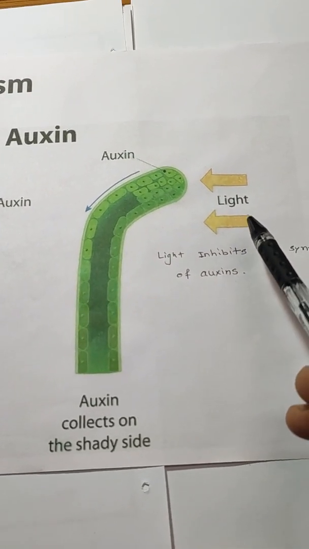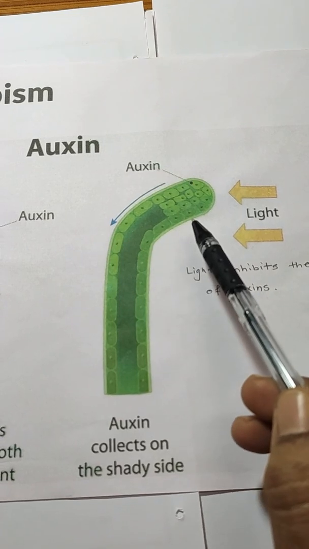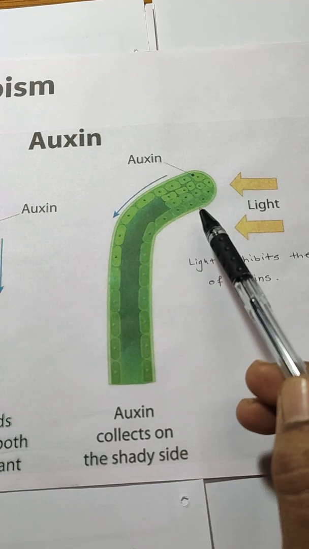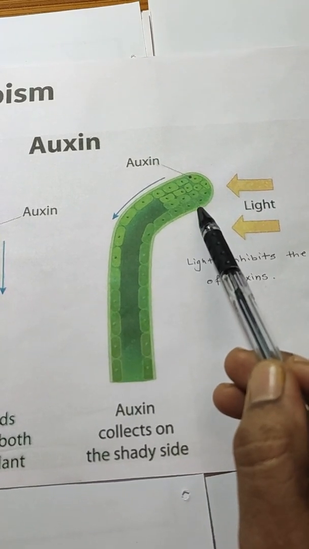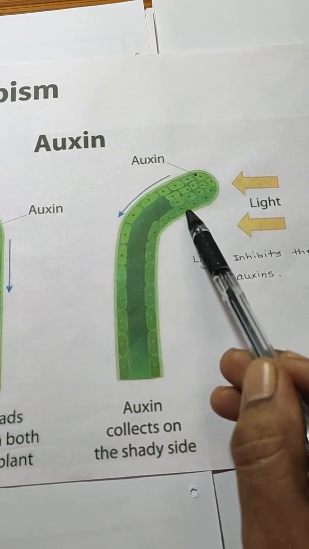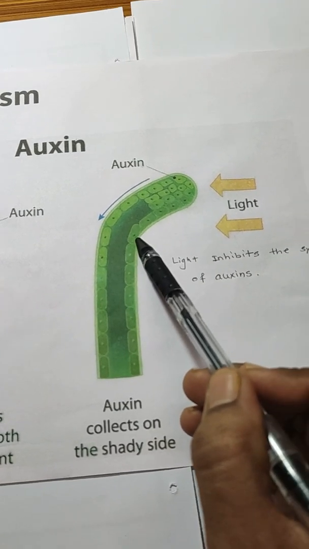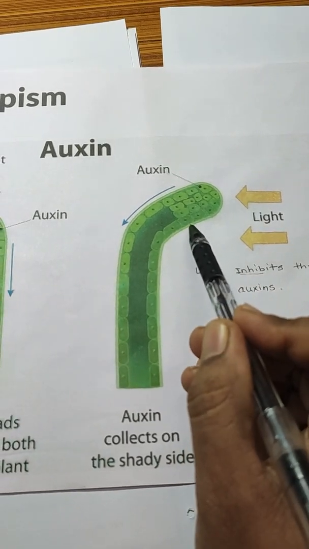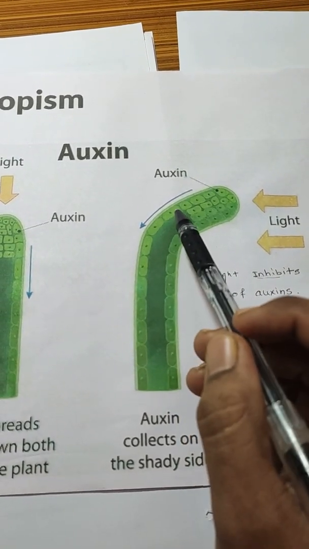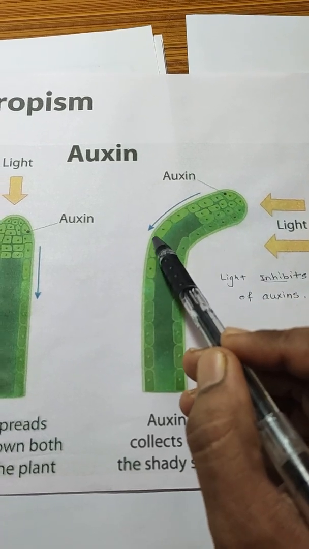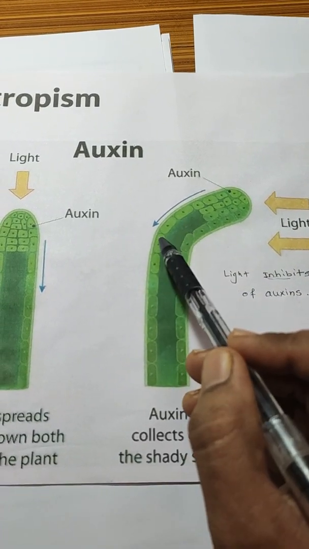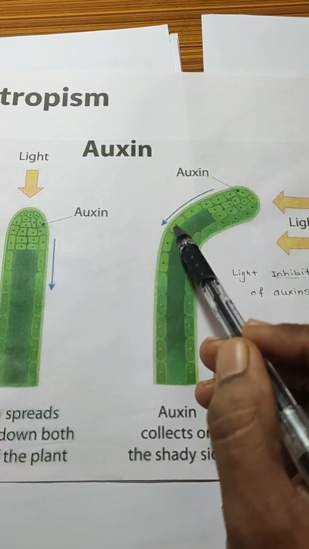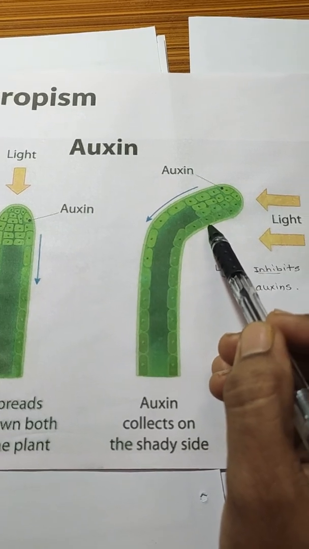When light is absorbed by the tip of the plant or growing part of the plant, the cells of this portion do not produce auxin, while on the other side the cells present there produce more auxin. Due to that, the cells become elongated on one side and remain dwarf on the other.